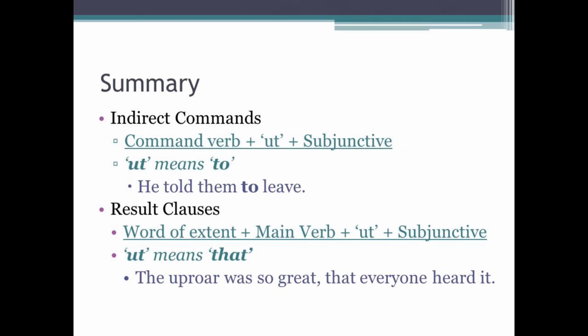And result clauses, well, these consist of a word of extent, and we had a look at those in a table earlier, plus a main verb, plus ut, plus a subjunctive. And ut, in this case, is translated with the word that. For example, the uproar was so great that everyone heard it.